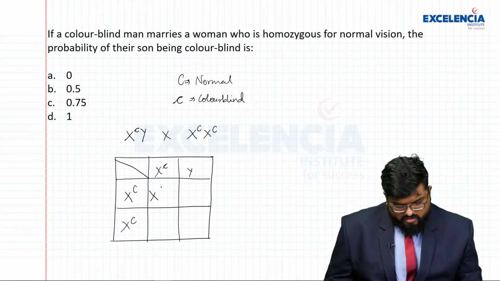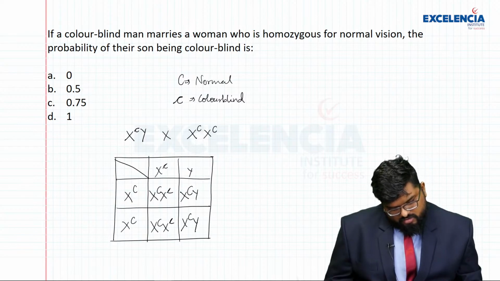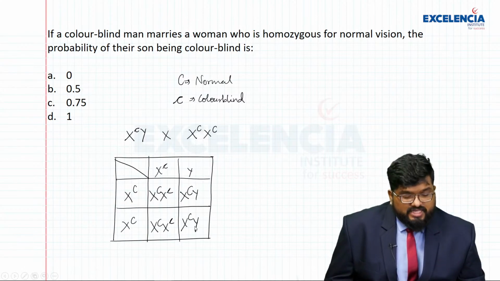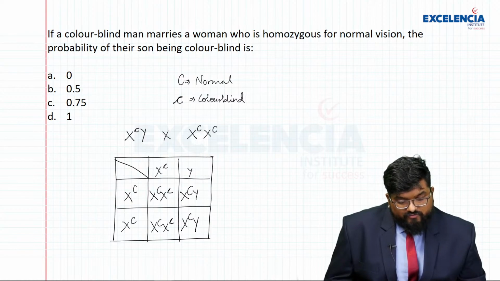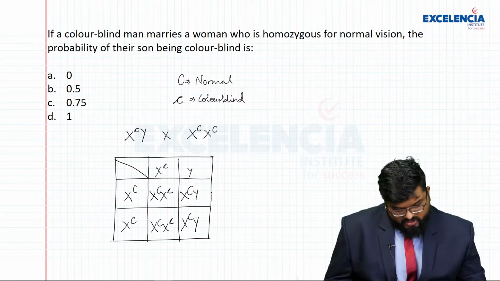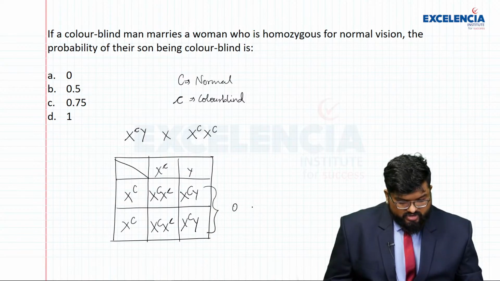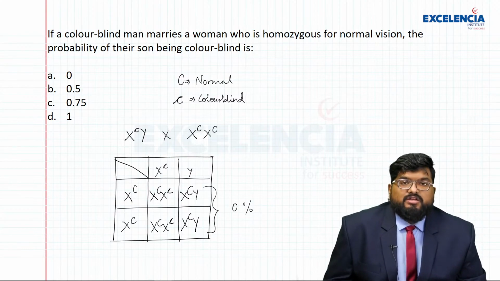What is the question? What is the probability of their son being colorblind? 0%, isn't it?